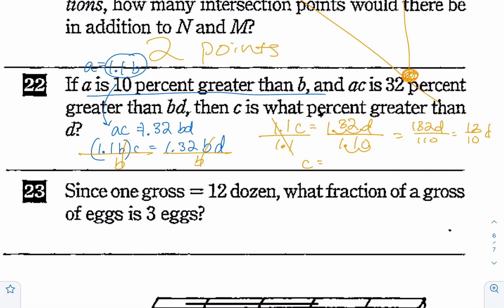So then you have 12 over 10, or 1.2D. So this means that C is 20% greater than D. So in this case, it's 20, when you turn the decimal into a percentage.